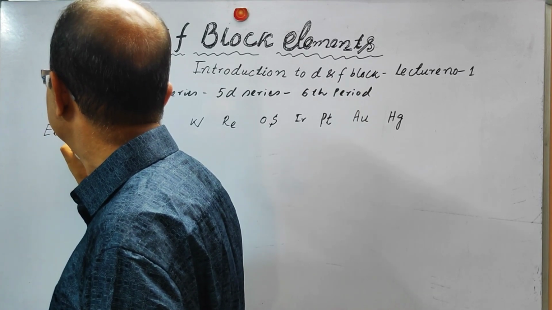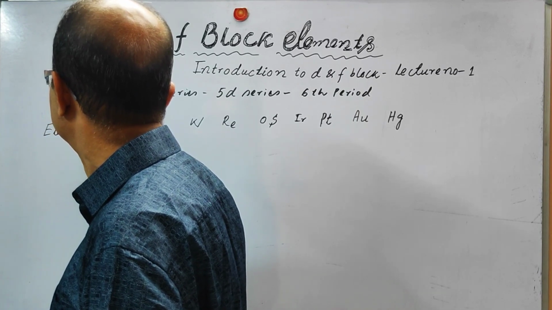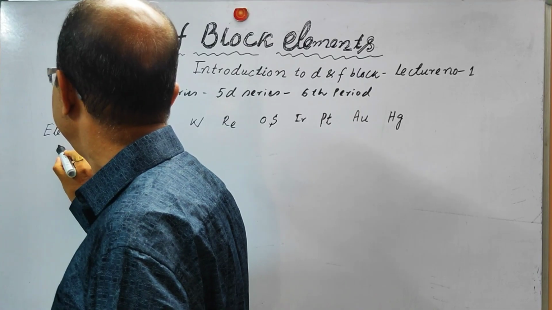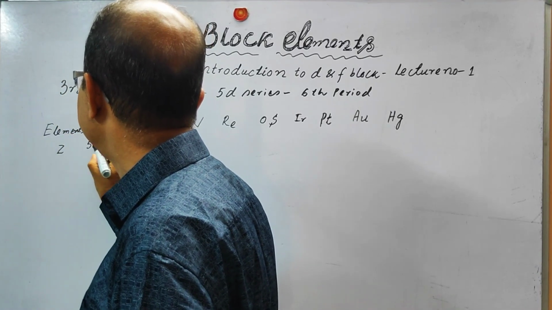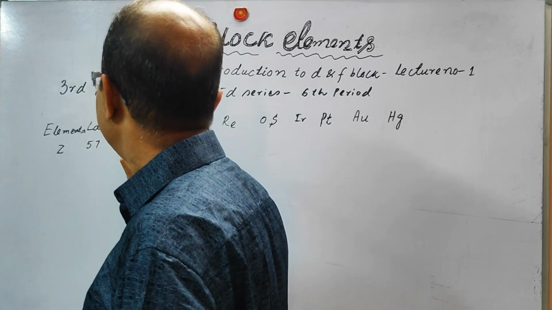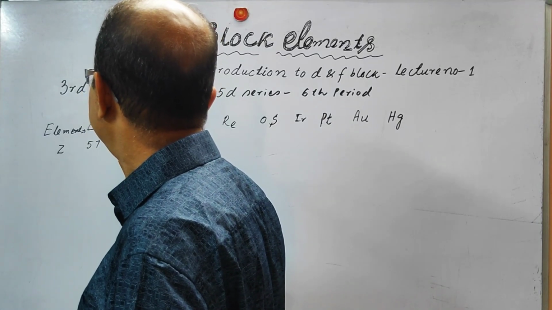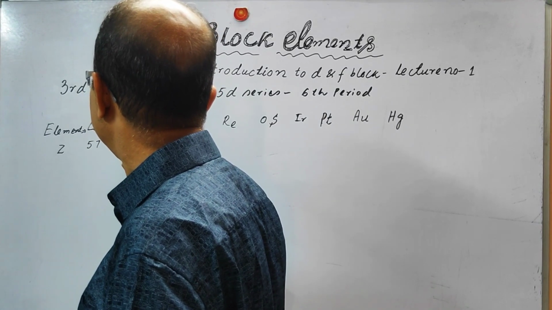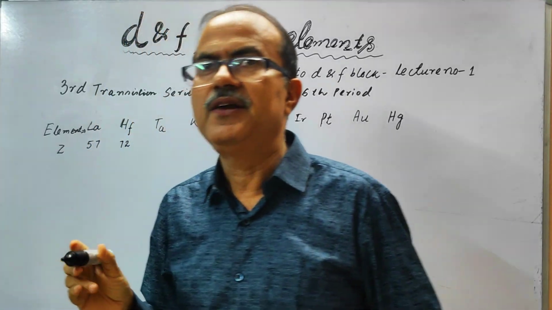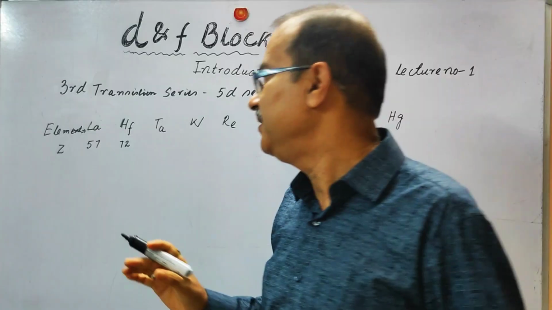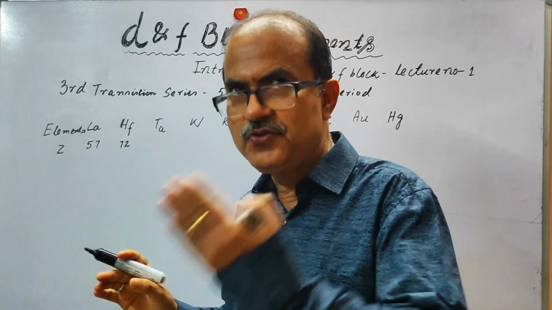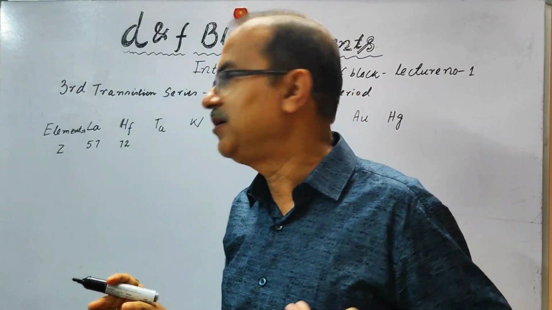Lanthanum has the atomic number 57, and here when we put the other elements, that is 14 elements, you will add these 14 elements, it will be 71. That is, they are atomic numbers 58 to 71.